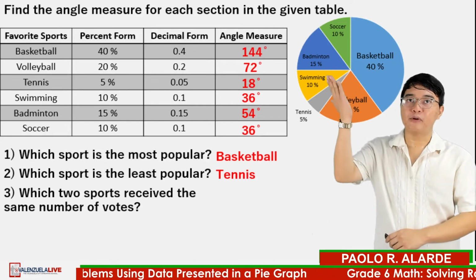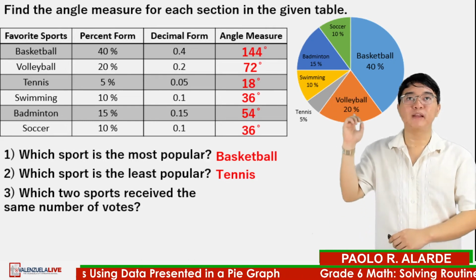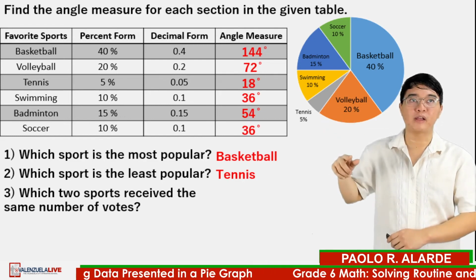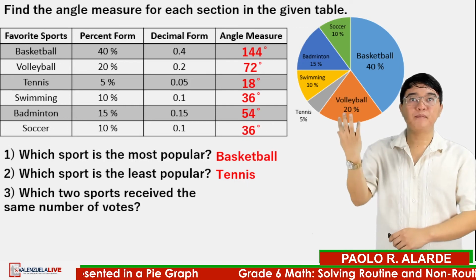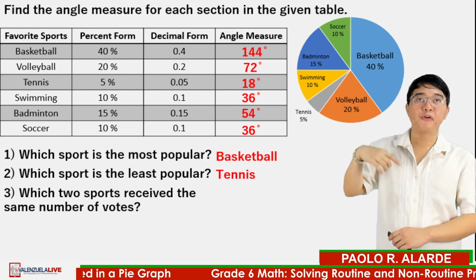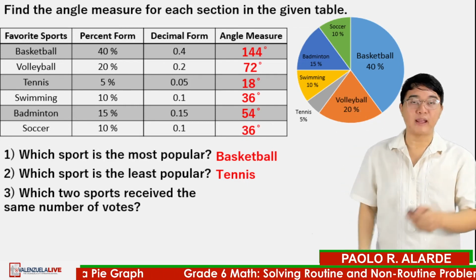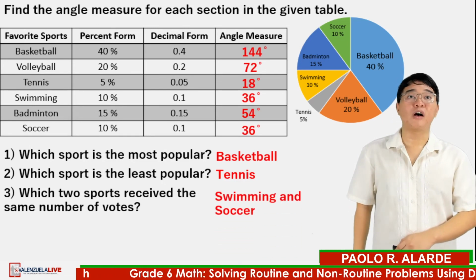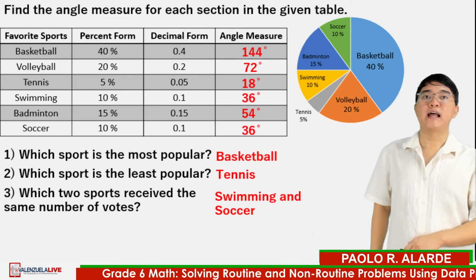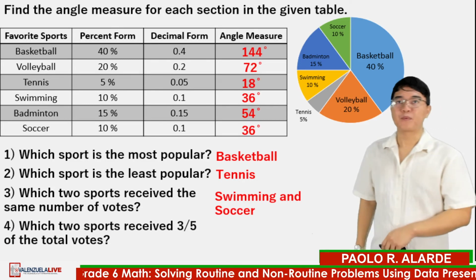We have 40%, 20%, 5%, 10%, 15%, and 10%. So there are two sports that have the same percent form, which is 10%. So the answer is swimming and soccer.